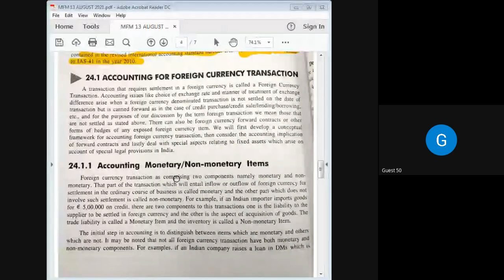The part of the transaction which will entail inflow or outflow of foreign currency for settlement in the ordinary course of business is called monetary, and the other part which does not involve such settlement is called non-monetary.